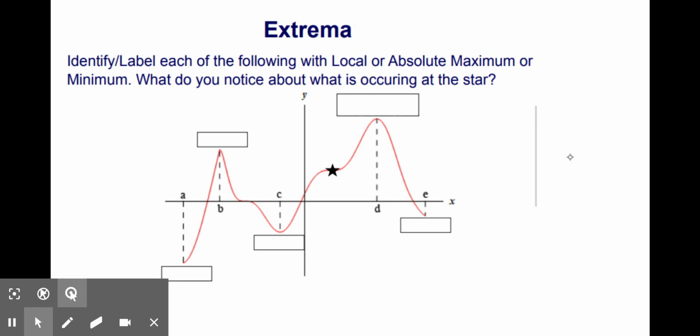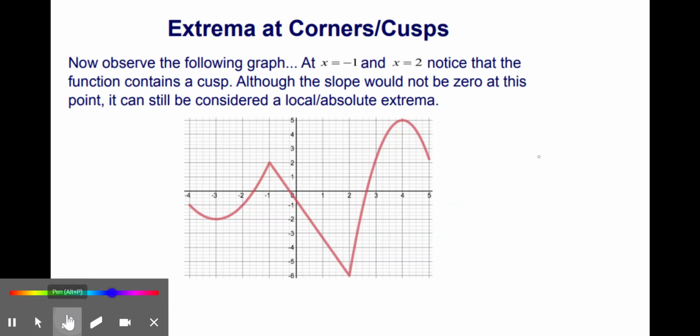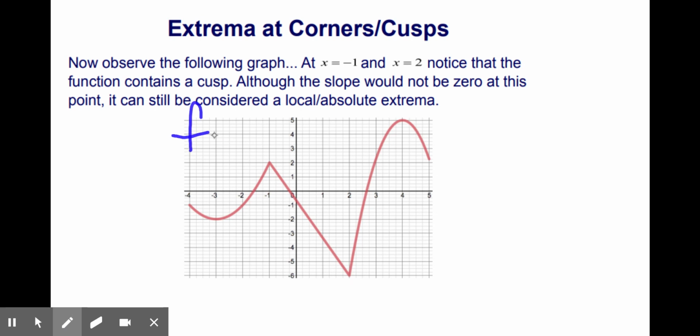Okay? All right. Now, let's talk about extrema at corners and cusps. So if you take a look at the graph that we have here, we'll call it f just to call it something. We have a point here that we know definitely is a relative max, as well as these other 2 points where there are corners and/or cusps, however you want to call it.